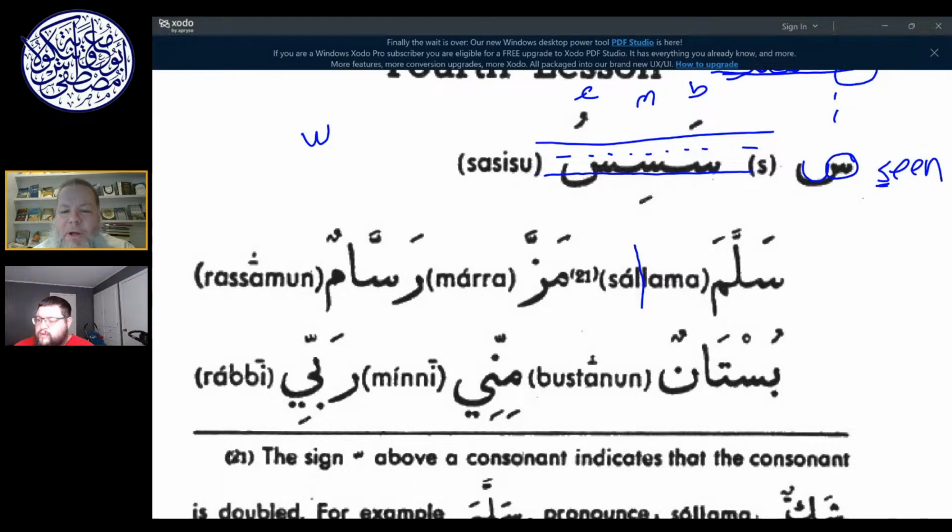When we take these two lams, we put a line in there for our syllable. Sallama, not salama. You want to carry that L over, like roller, right? We don't say roller. It's subtle, but it's there.